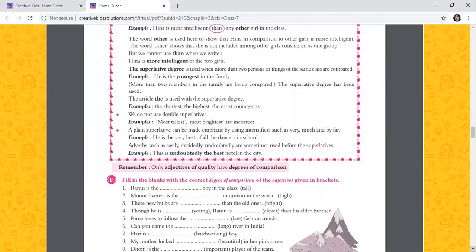Here you see, he is the youngest in the family, or we can say she is the best student in the class. These are the superlative degrees.